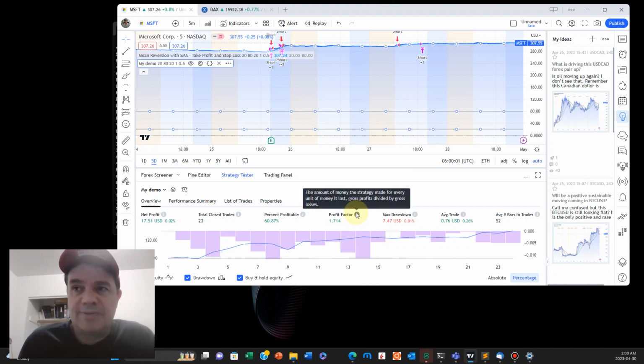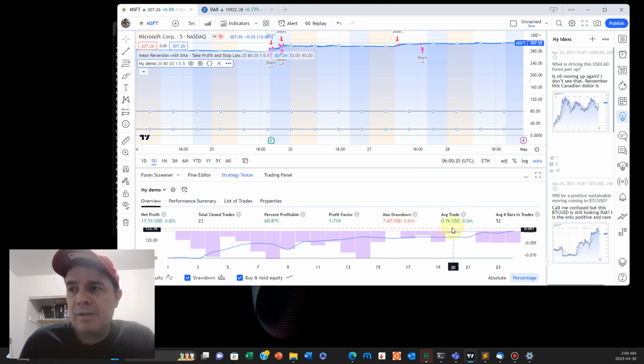That's the amount of money the strategy made for every unit of money it lost: gross profits divided by gross losses. So 1.7 is pretty positive. Max drawdown is well within tolerance, and average trade is 76 cents. That's the sum of money gained or lost by the average trade: net profit divided by the overall number of closed trades.